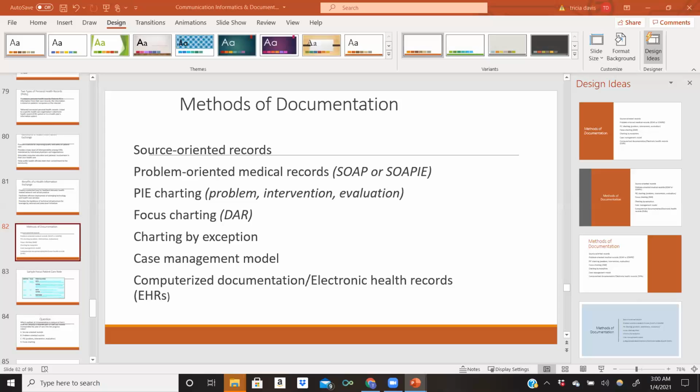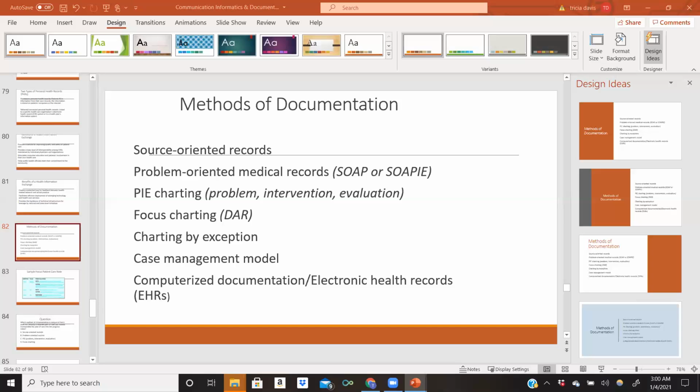We have charting by exception, which is what we do where I work. They say it's a shorthand documentation that makes use of well-defined standards. So on our computers, when we're going through all the systems, we document if there are no issues, within normal limits. And then if there are issues, that's when we go into more detail and put in more documentation.